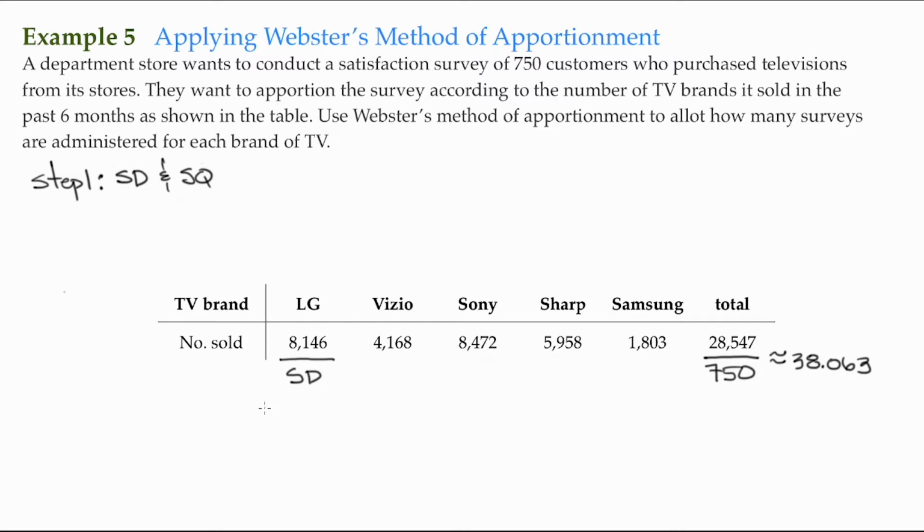That comes out to be 214.014. Go to the next subgroup, the standard quota here. So we have 4,168 divided by 38.063. And this is 109.503.